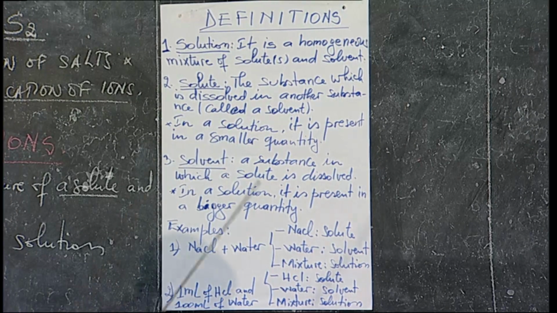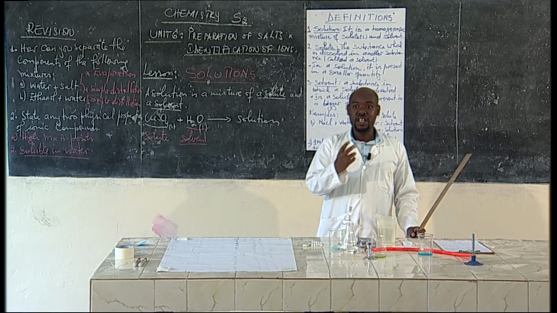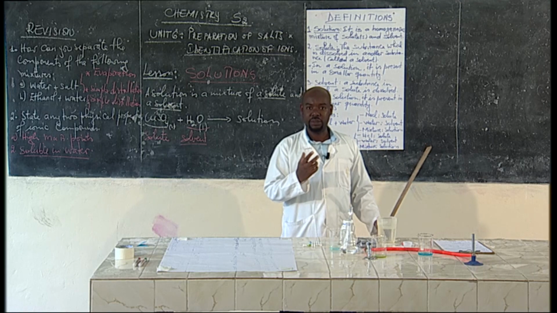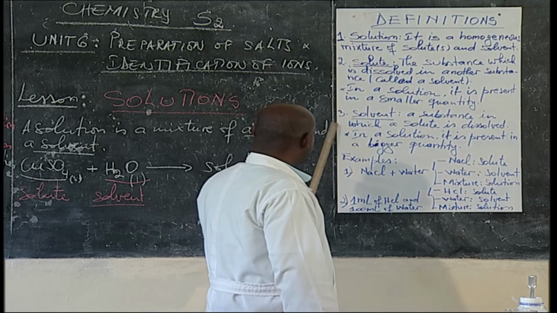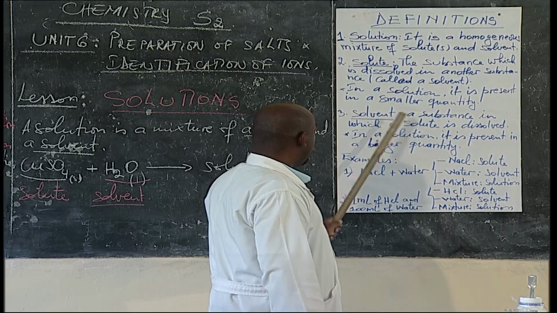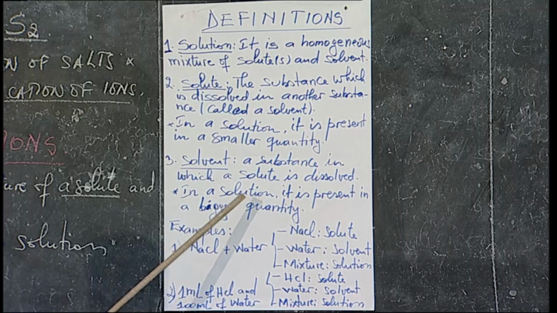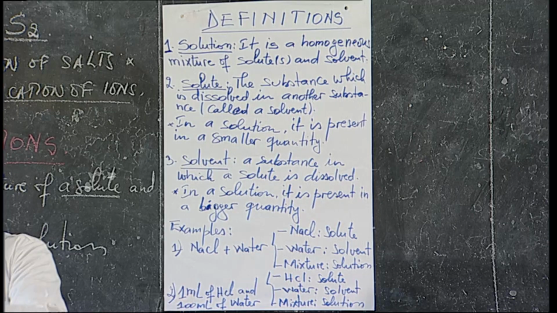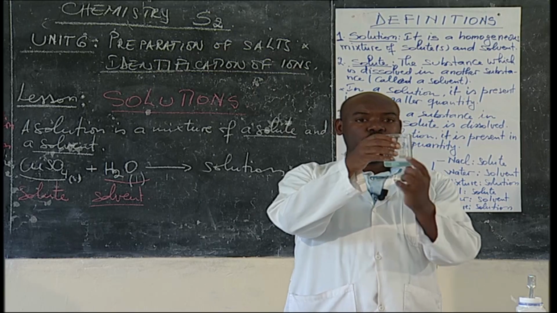In a solution, a solute is always present in a smaller amount. That is clear. And what is a solvent now? A solvent is a substance in which a solute is dissolved. If we go back to our example, the demonstration, then we used water.